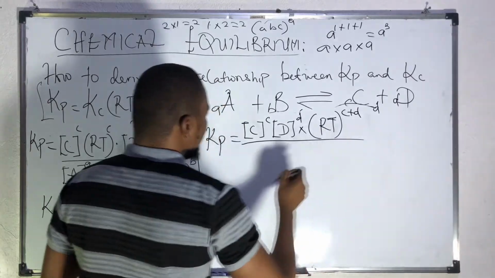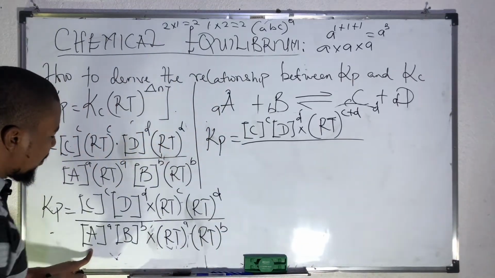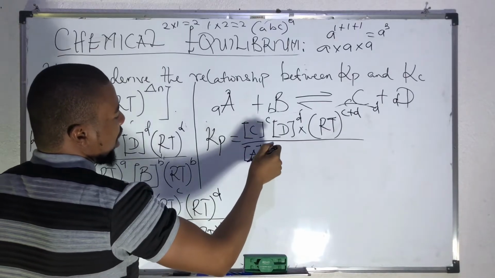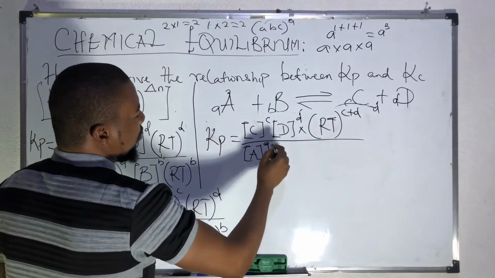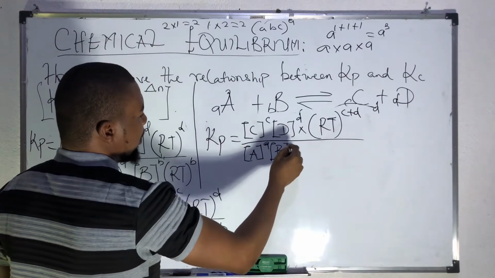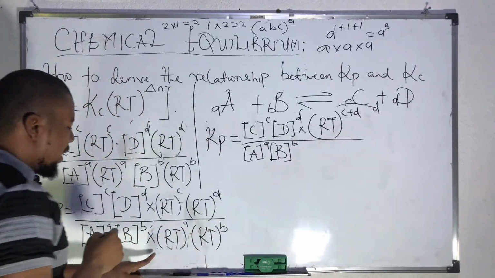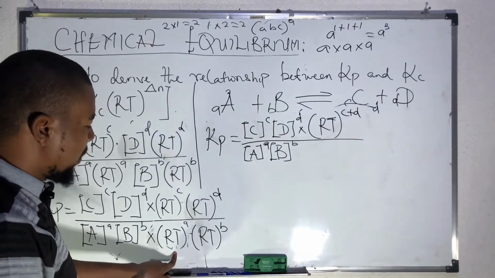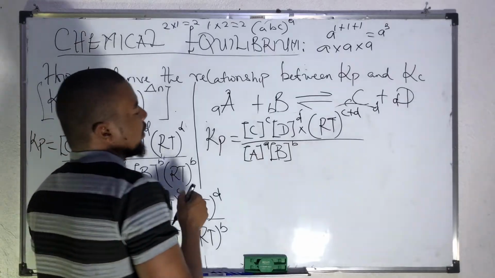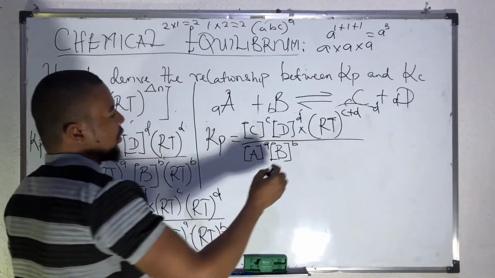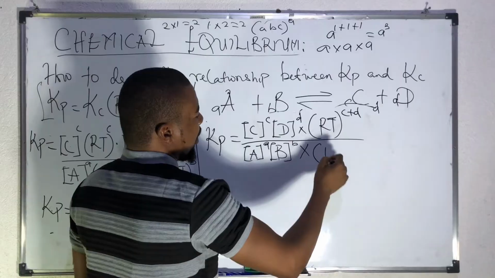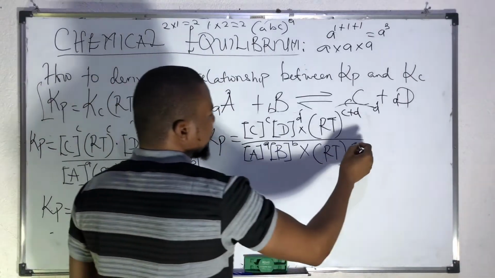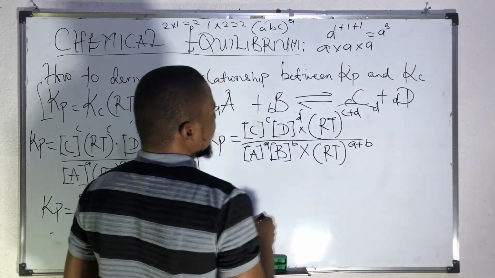And at the denominator, we have the concentration of A raised to the power A, multiplied by the concentration of B raised to the power B. And remember, at the denominator here, the two RTs are multiplying, so we also apply the laws of exponents and add their powers. Therefore, we have RT, and what are the exponents? A plus B, A plus B.